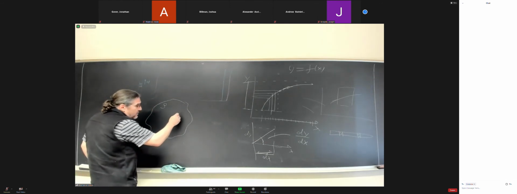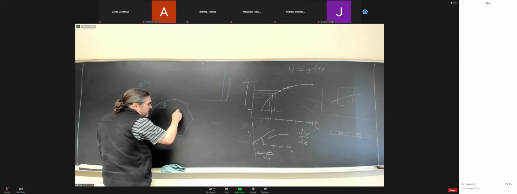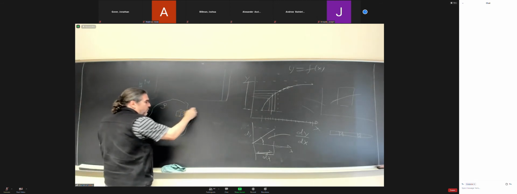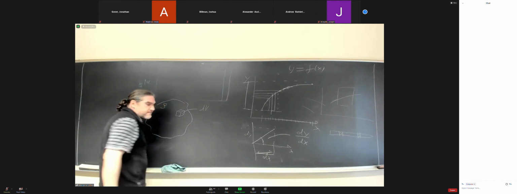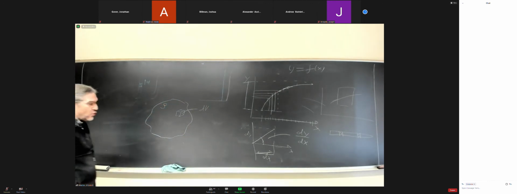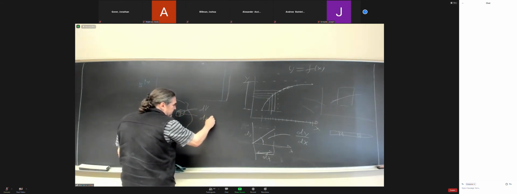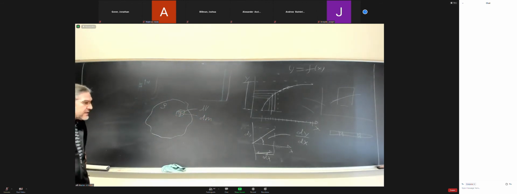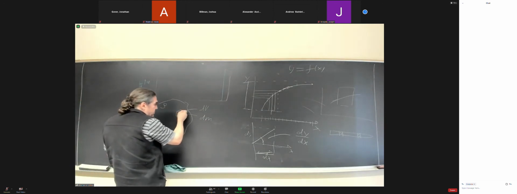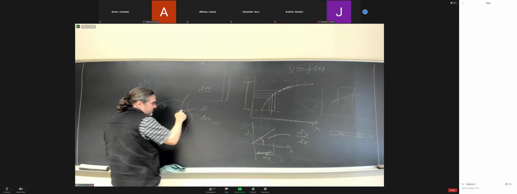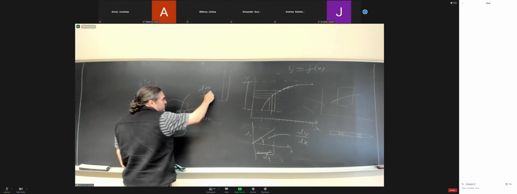What it means is the following: we take a small piece here, let me draw it like a small cube. That small cube has some volume, let's call it dV. And that cube has also some mass, let's call it dm. And the average density inside that cube is, by definition, the total mass of that little cube divided by the total volume of that little cube.